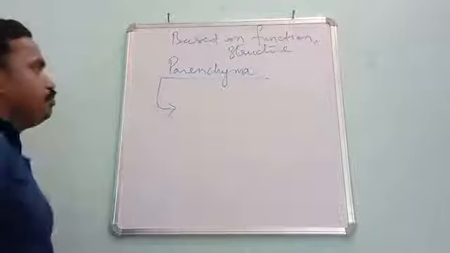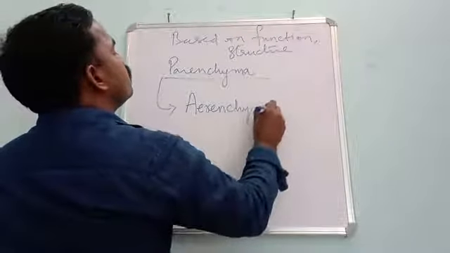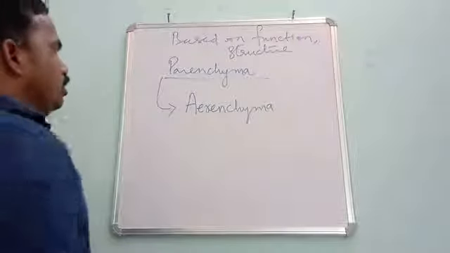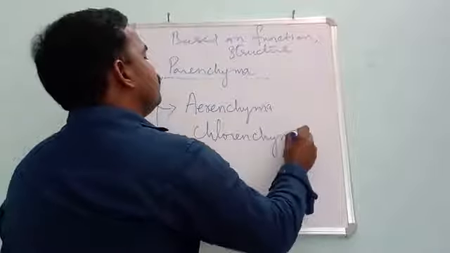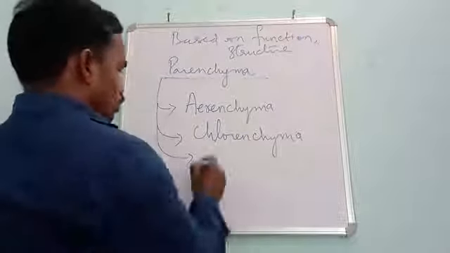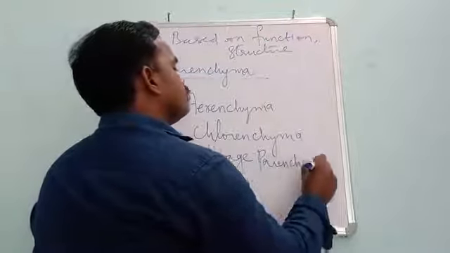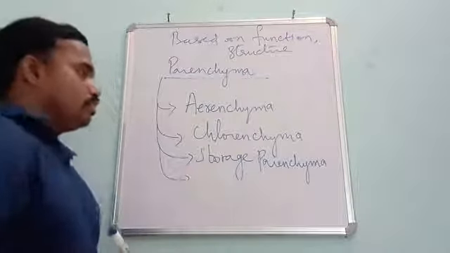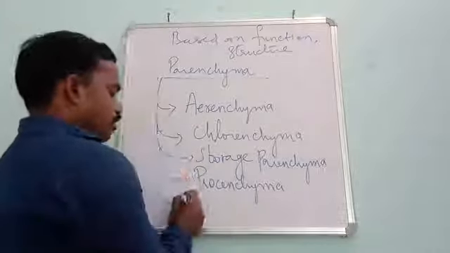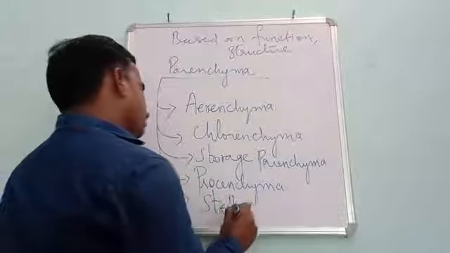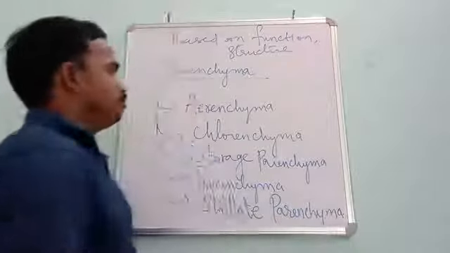So parenchyma is classified into: number one, number two, number three is storage parenchyma, then we have another, and then you can see the stellate parenchyma.